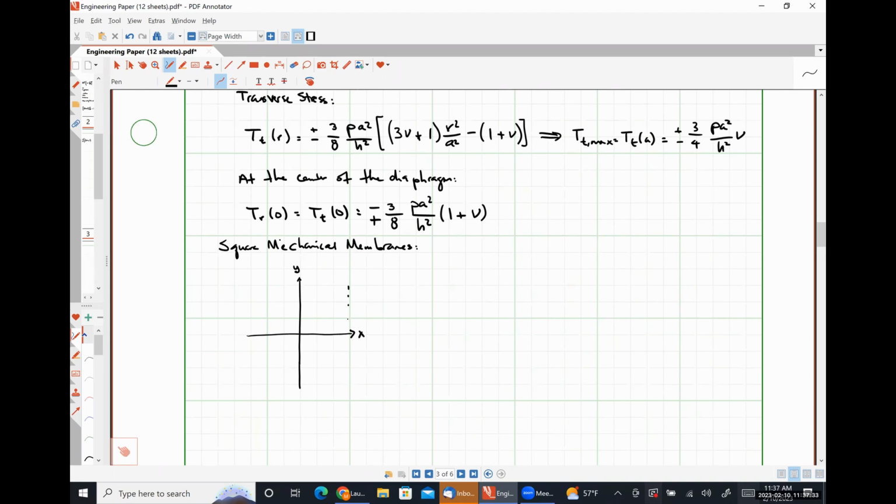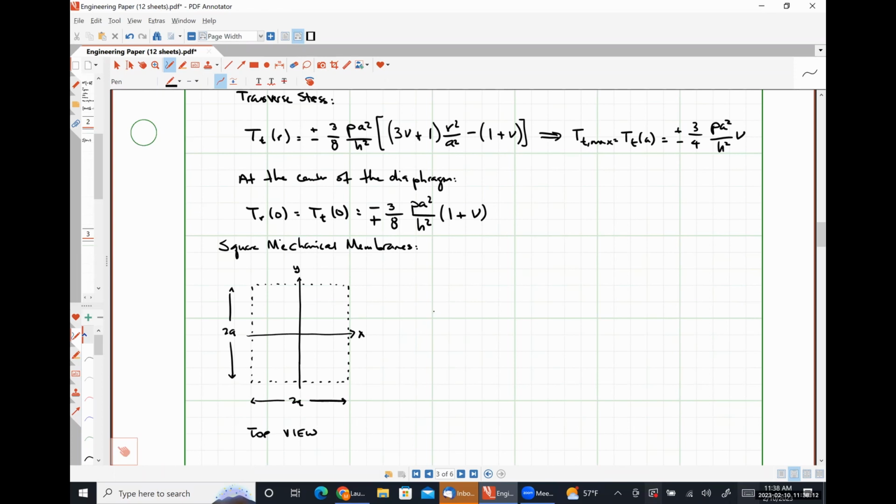And let's say that this dashed line here represents the boundary of our membrane, so that the total length here is twice A. And total length in this direction is also twice A. So this is our top view.